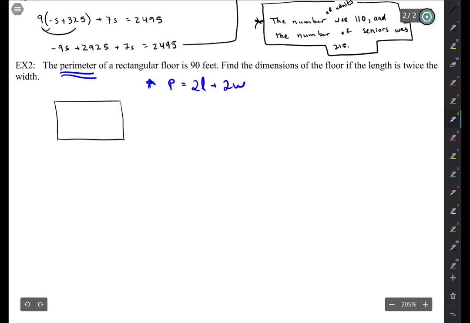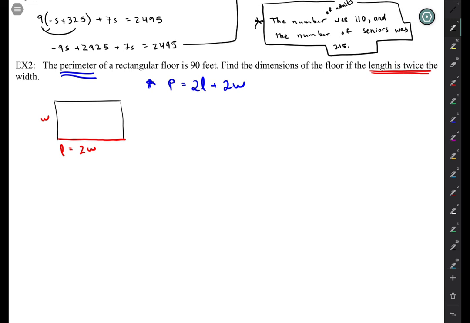Okay? Now, with our picture, we can kind of work with what the dimensions would look like. Length is twice the width. So if this is the width, I know that this distance, I know it's not drawn to scale, must be 2w. So length is equal to 2 times the width. With those then, we can start plugging things in.